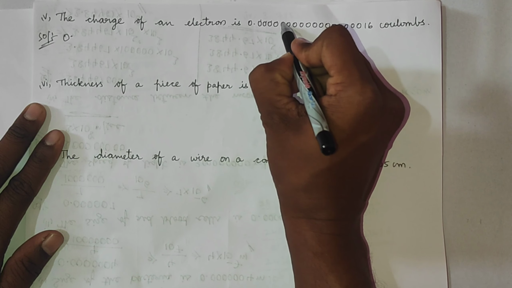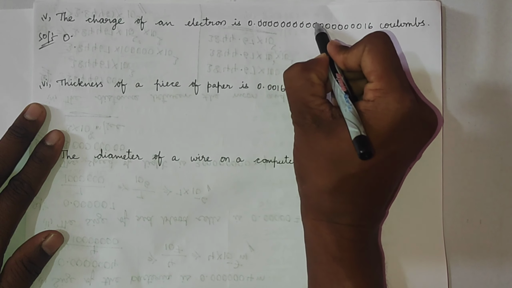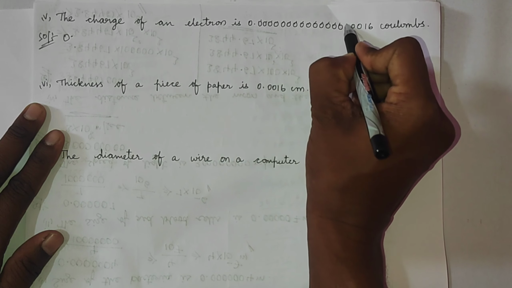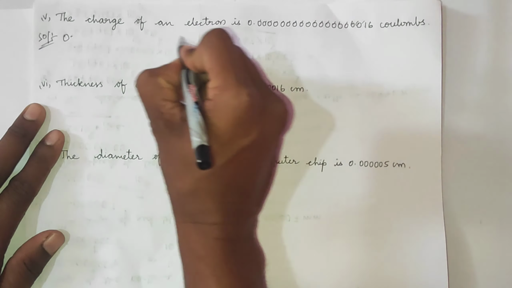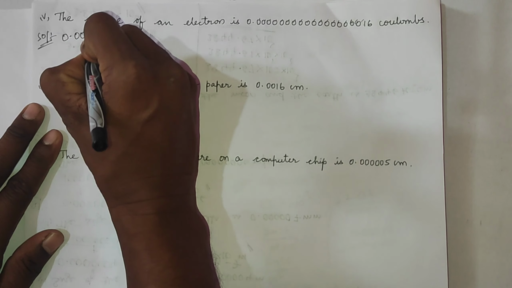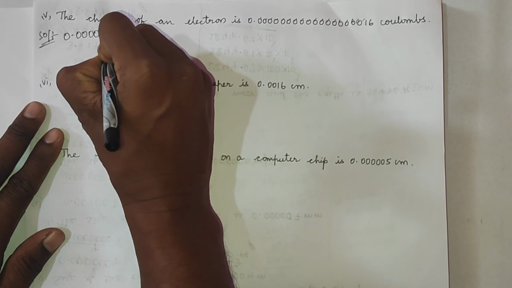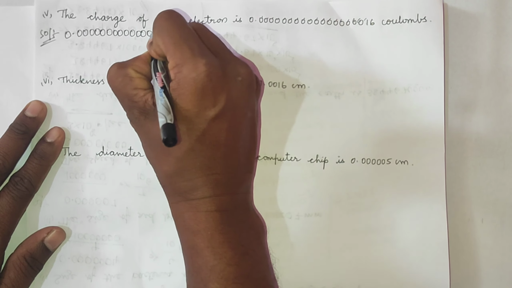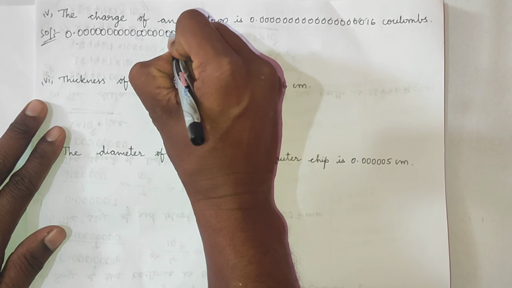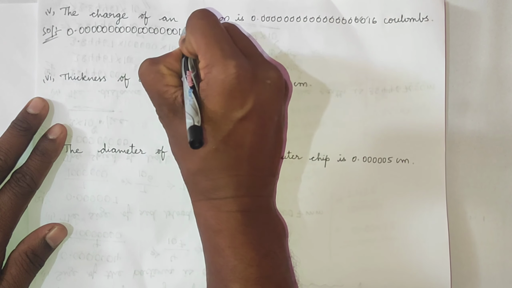1, 2, 3, 4, 5, 6, 7, 8, 9, 10, 11, 12, 13, 14, 15, 16, 17. Actually 17 is there, right? 17, and 1, 6.